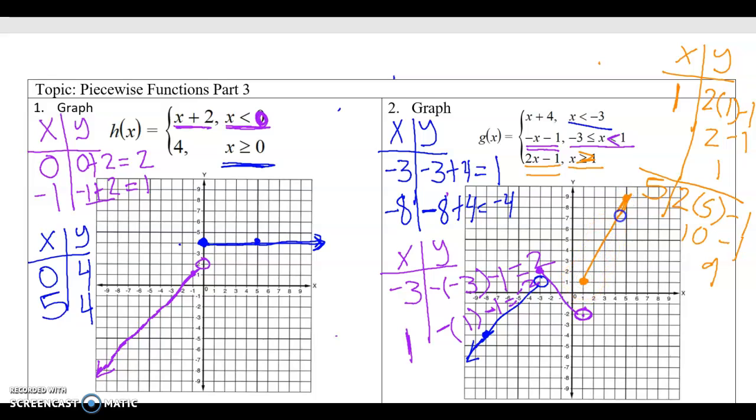And then since x is greater than 1, I'm going to put an arrow at the end because it's greater than, and it keeps going on forever and ever. Okay, this point is just to help me figure out where the rest of my line is going to be drawn. That's it. Okay, so hopefully that was not too hard.